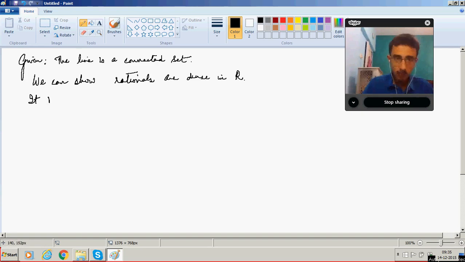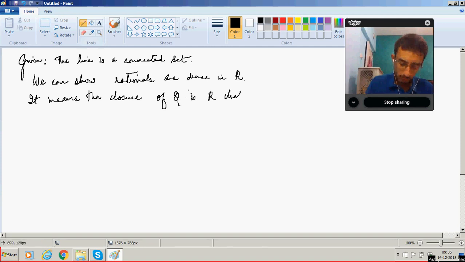It means the closure of rationals is R itself.